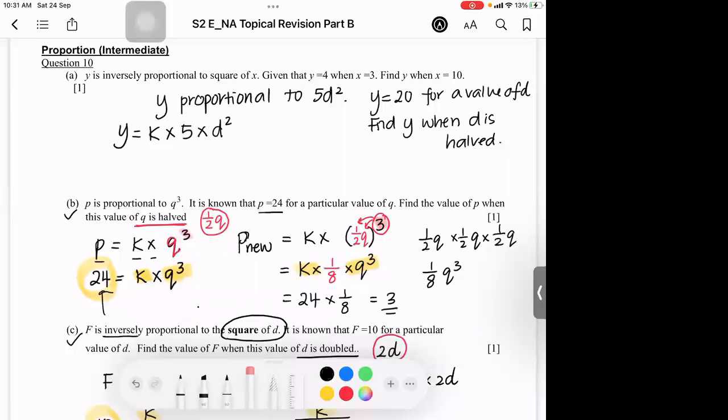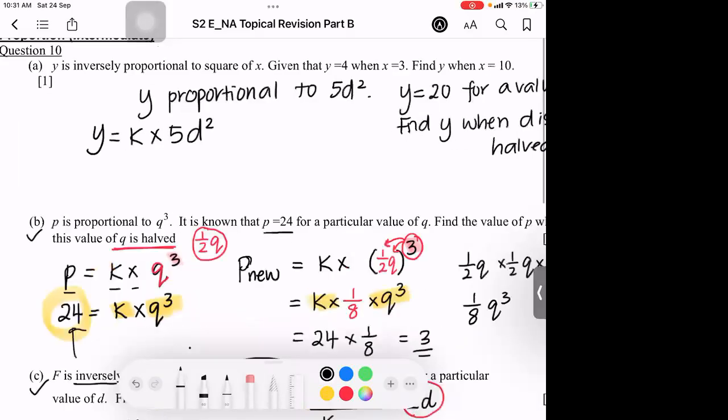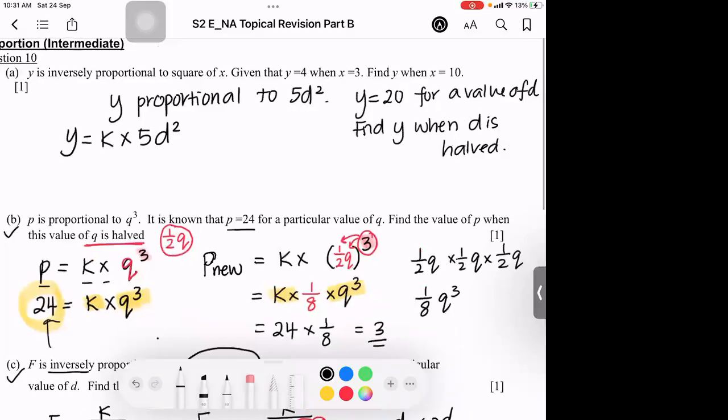If you don't want this, you can also write 5D squared, no problem. Then they give you Y equals to 20 for a particular value of D. So now Y is equal to 20, K times 5D squared. Find the new Y when D is half. So the D now becomes half D.